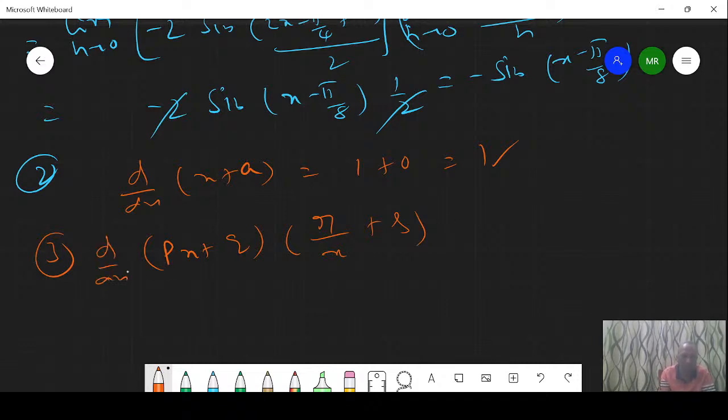They are asking d by dx of this. Two factors are here, so they are asking to use the product rule.